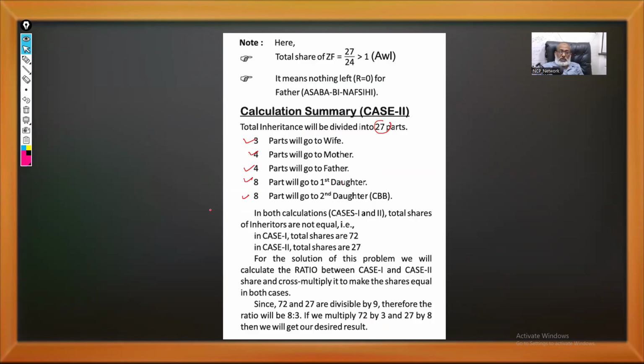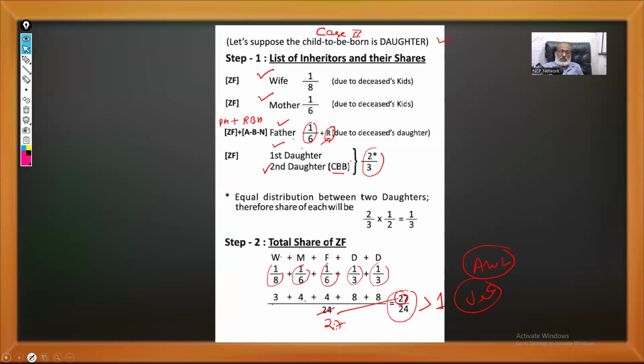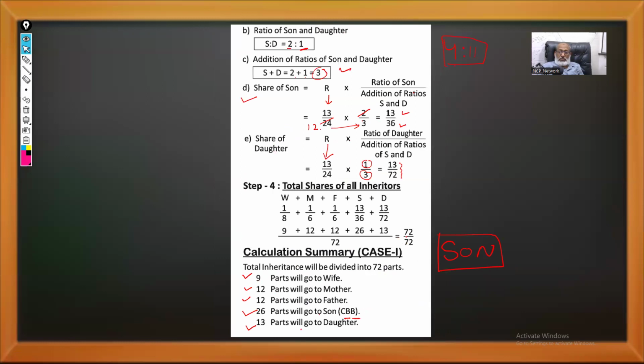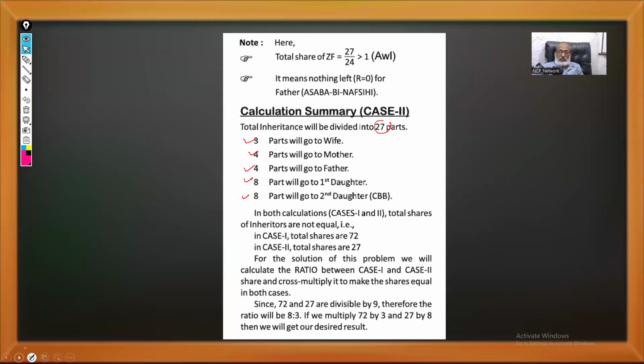So in both cases, in the first case, if the child is a son, the property is divided into 72 parts, while in the case of daughters, the property is divided into 27 parts. Now, the problem is how we can give the share to the present inheritors, how to find out the minimum share.